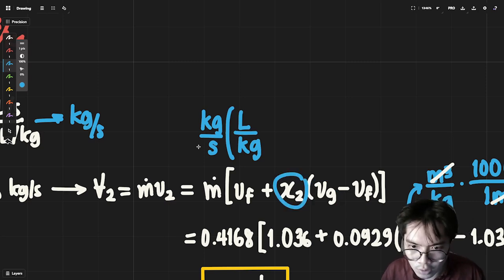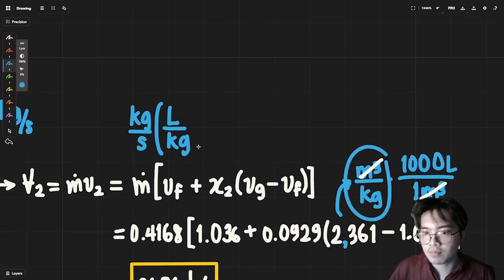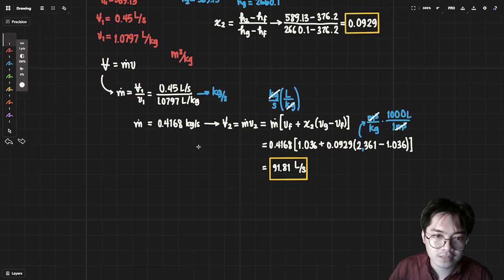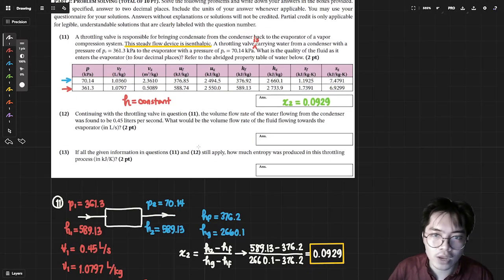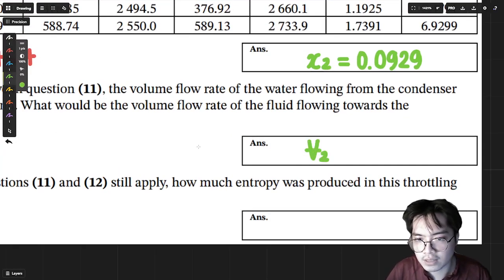This is a ratio. This VG, which was supposed to be in meter cube per kilogram, we changed into liters. So, as you can see, they cancel. Liters per second. That is our number 12, 91.81.